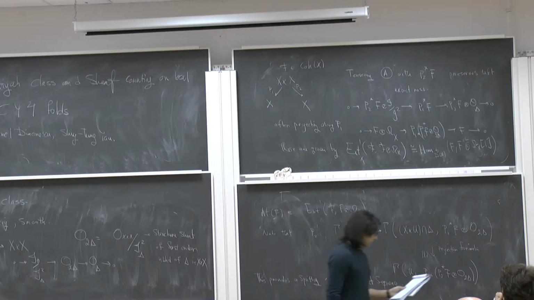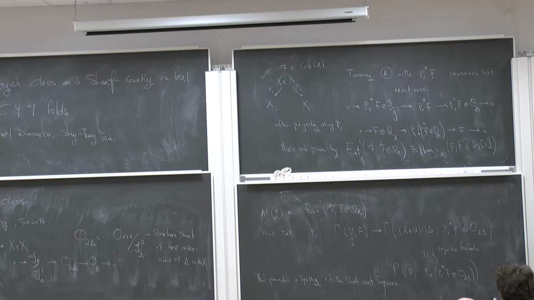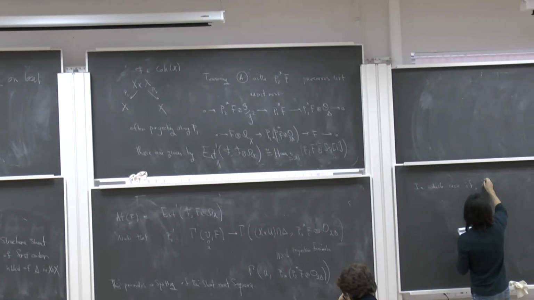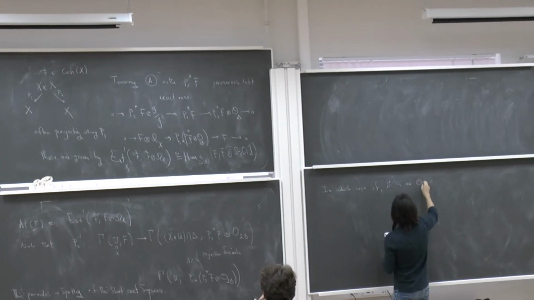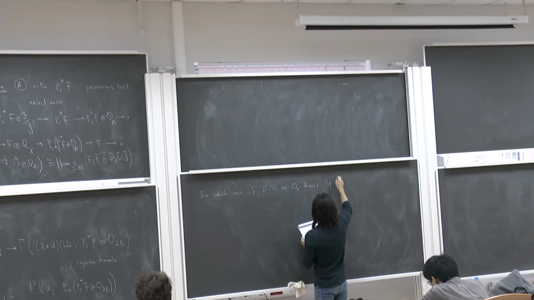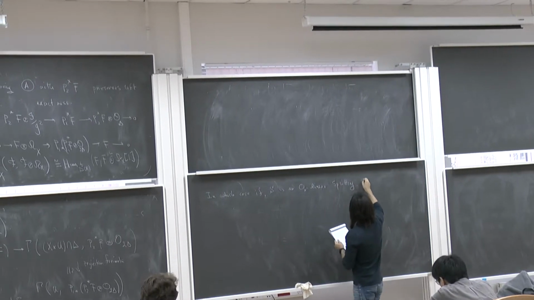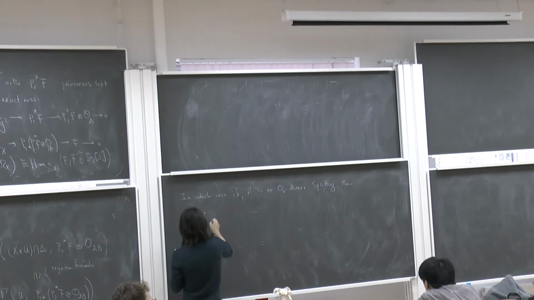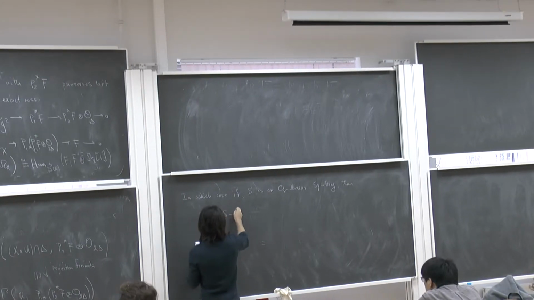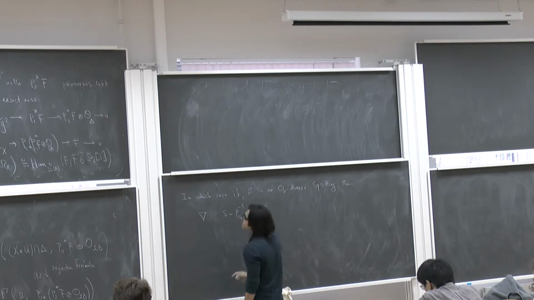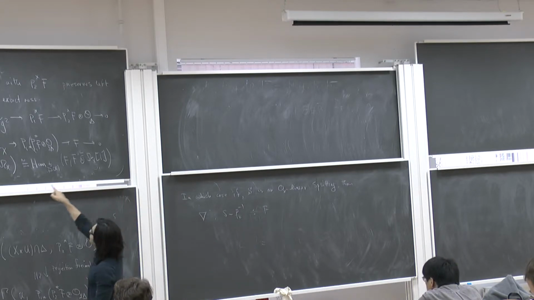Okay, and now, if, for instance, S is an OX linear splitting, then we can define some operator nabla, which is S minus the inverse, and this, via this splitting, induces a map from the quotient to the curve.